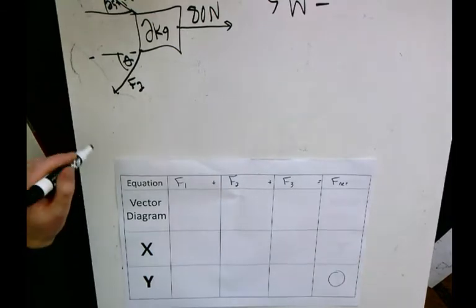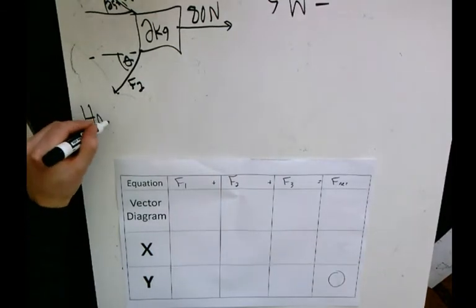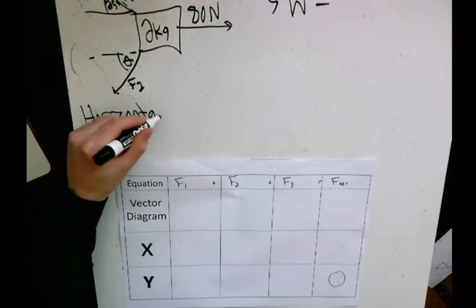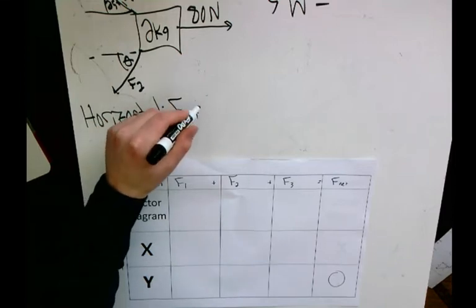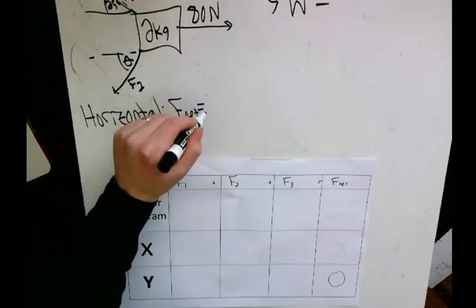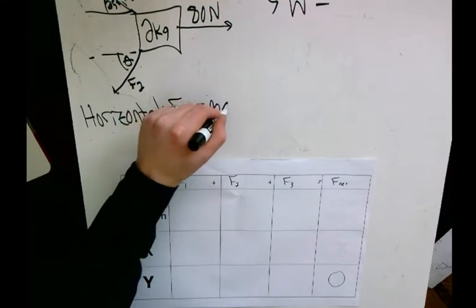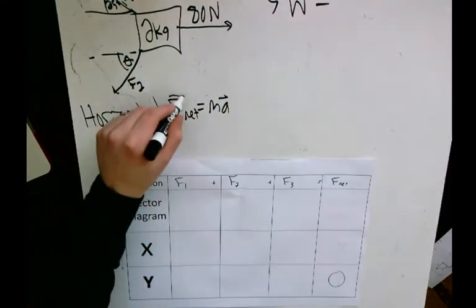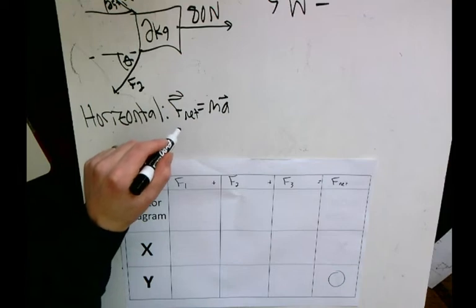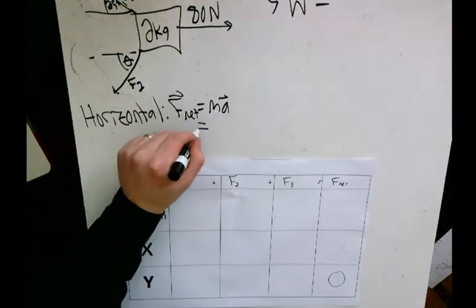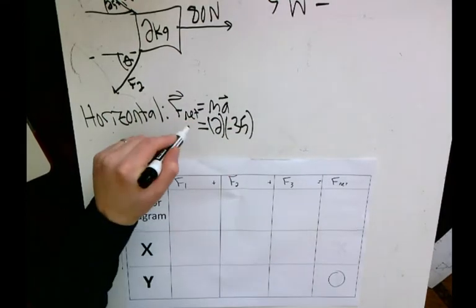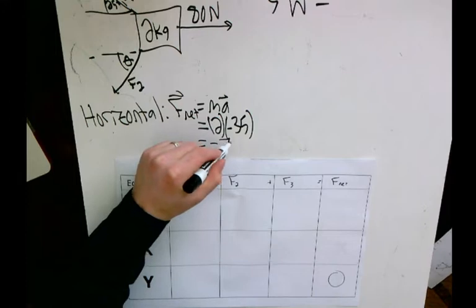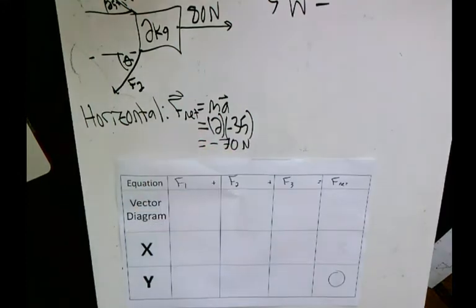Let's do that quick here. So in our horizontal, our F net is equal to the mass and the acceleration. We know the mass and the acceleration, it's 2 and negative 35. So our net force is negative 70 newtons. So that's a good starting point.